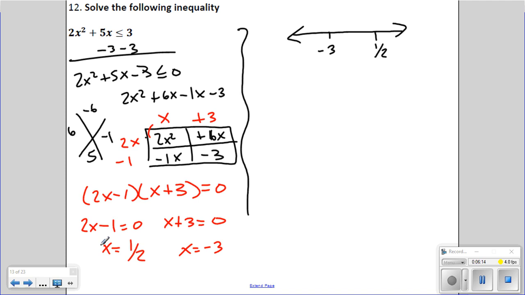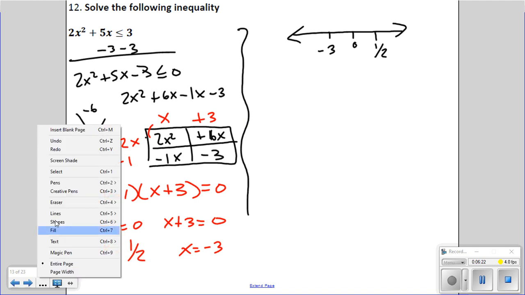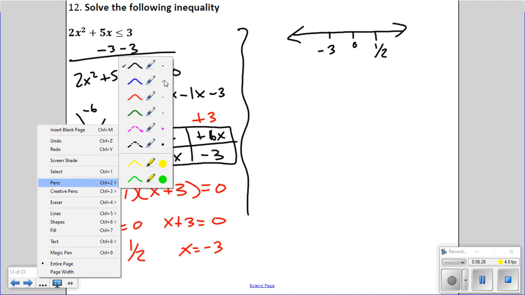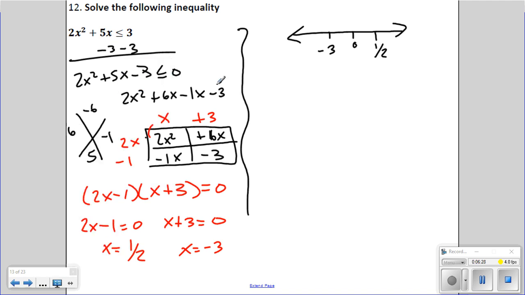Then pick a test point. I'm going to use 0, which is between. You don't have to pick a number between, but sometimes it's easier to do it that way. Use the test point in the original problem.